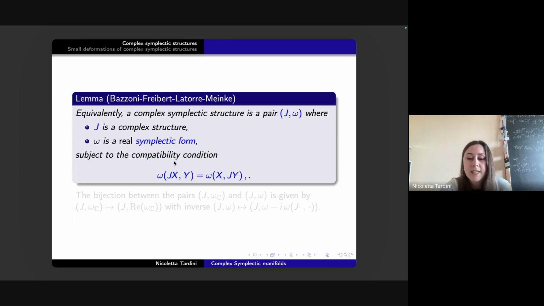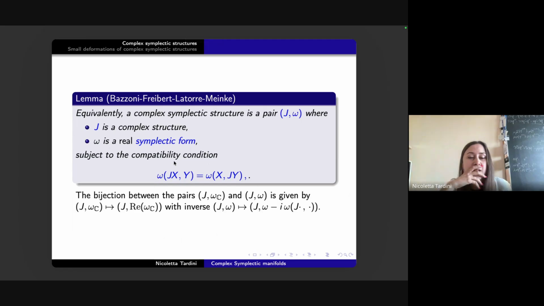And let's say the bijection between these two definitions is as follows. If you take a complex symplectic structure as in the first definition, so omega C was a (2,0)-form that is closed and non-degenerate, then the real symplectic form in this definition is just the real part of omega C. Okay, so you take the real part of omega C, and the inverse is given in this way.